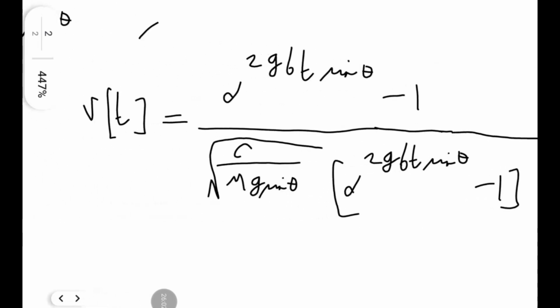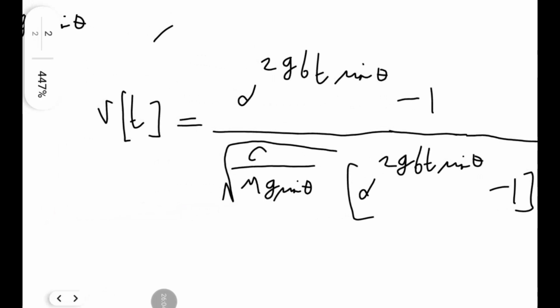It's getting quite algebraic now, but it's all right. And yeah, that's the final form you get it into. That is the final equation.